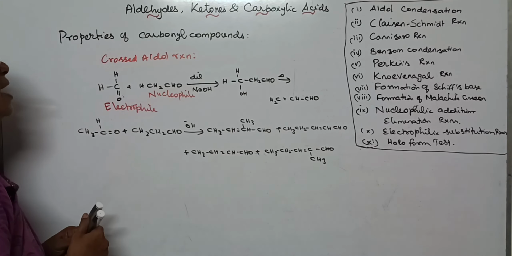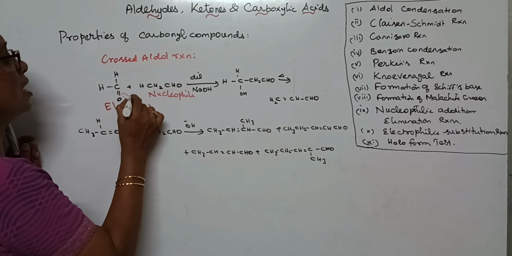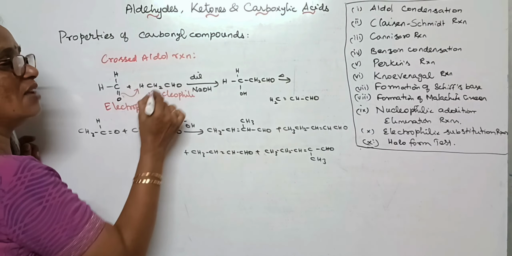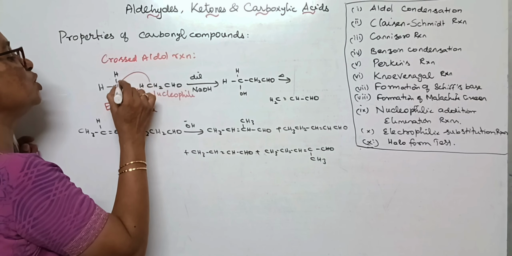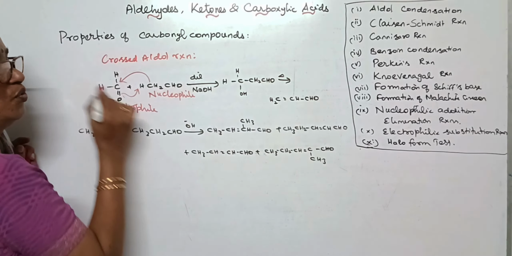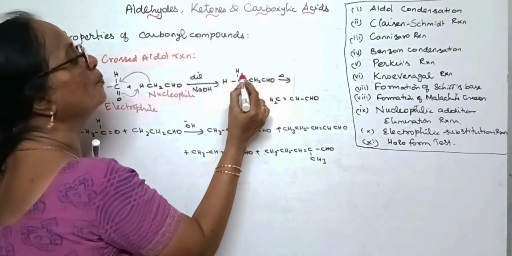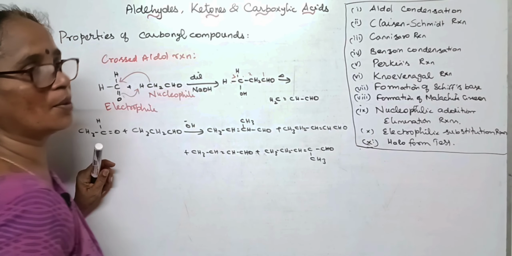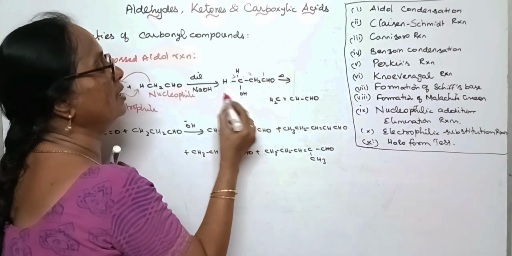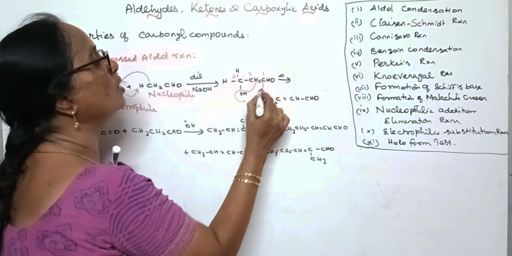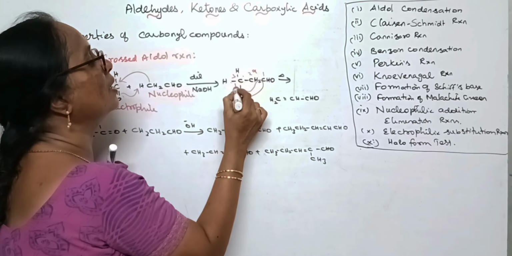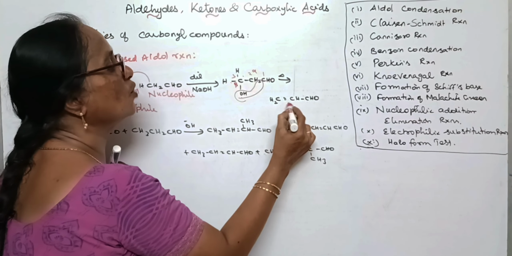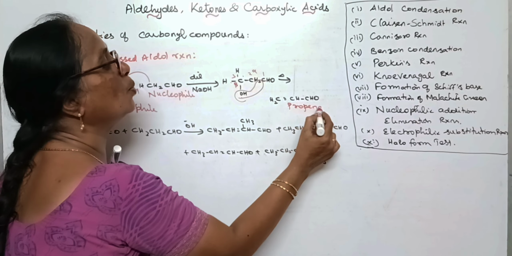So the same reaction can proceed. That oxygen takes the hydrogen of the alpha carbon and the CH2 carbanion attacks the electrophilic site. We are getting beta hydroxypropanal because it has only 3 carbon atoms. And upon heating, there is a loss of a water molecule between the alpha carbon and the beta carbon. So we are getting the product propenal.